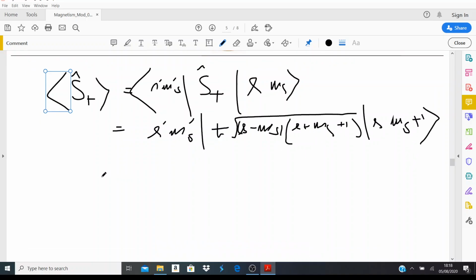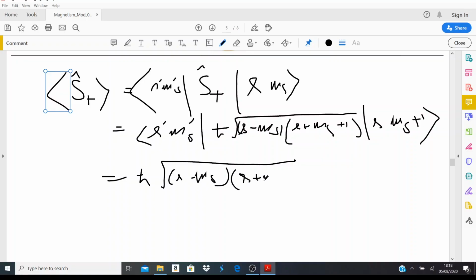So that's just a number, and you can bring the number out. We have the square root of S minus mS times S plus mS plus 1, and then the inner product between S mS prime and S mS plus 1, right?